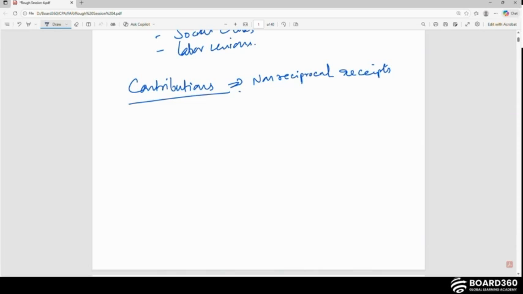So whatever you are receiving becomes a non-reciprocal receipt, or the contribution revenue, basically. Right? Now, contribution revenue generally, if it is cash, then whatever cash is received will be the contribution revenue.